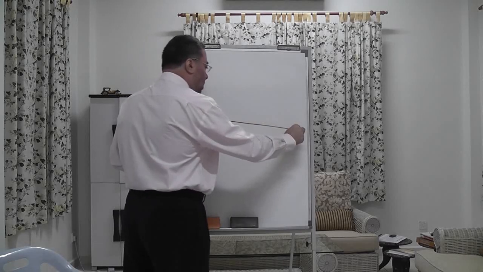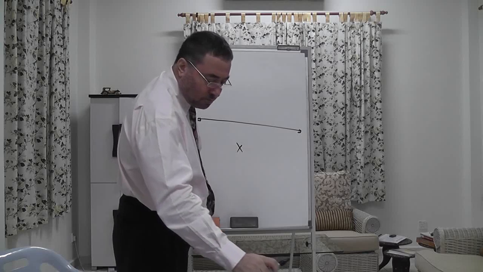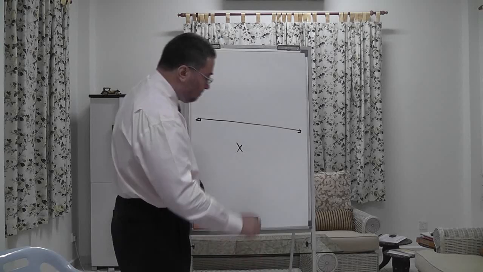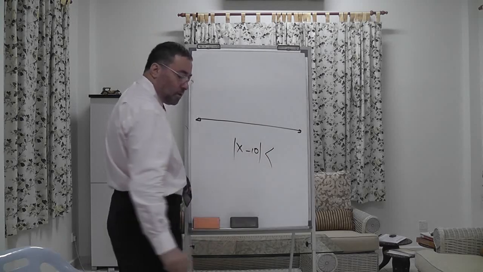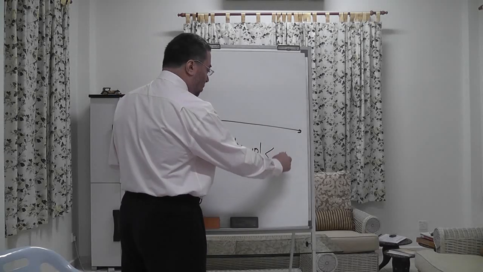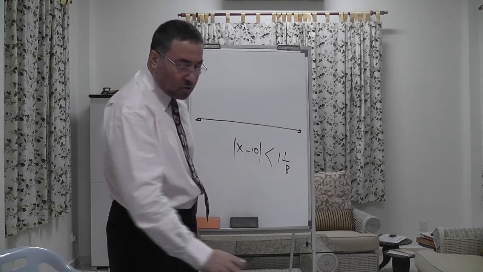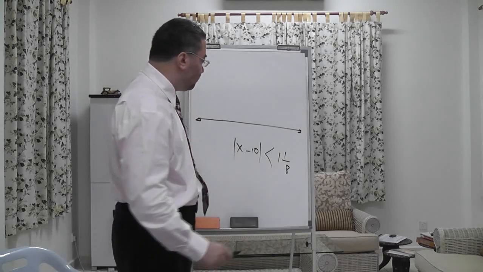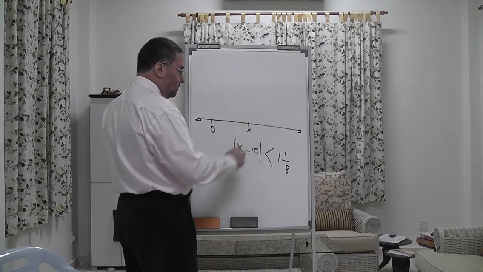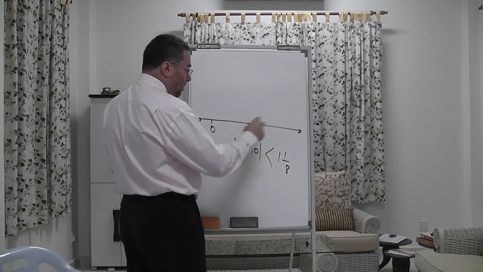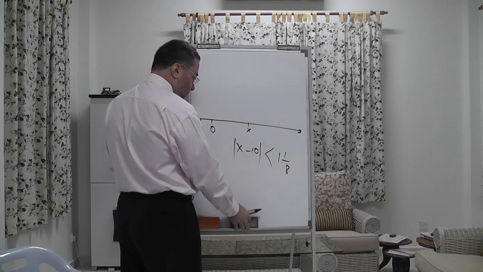So the stock price, which is x, stayed away from 10, the absolute value, within 1 and 1/8 points. 1/8 points means 1 and 1/8 dollars. So this is 0, this is x, and this will be 1 and 1/8. So this is 10 here.